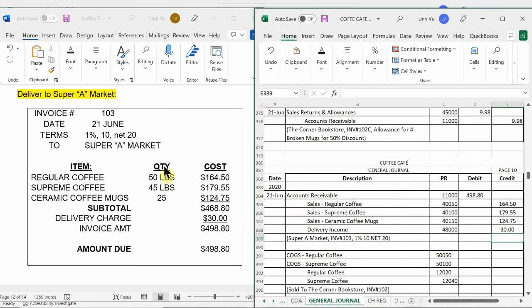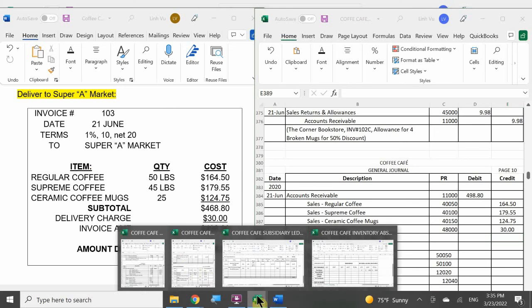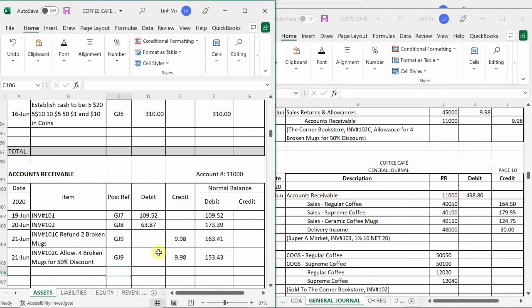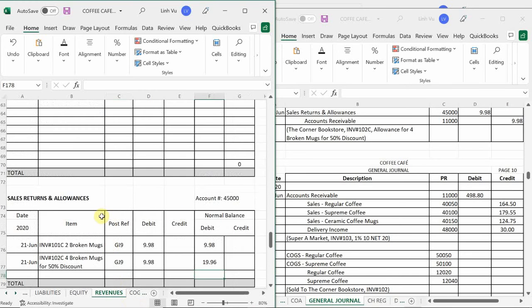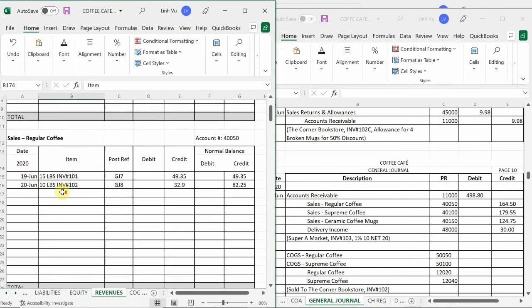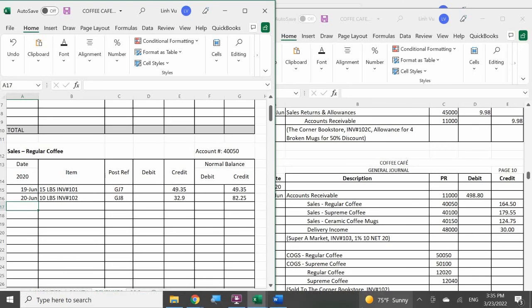So then now I need to go ahead and update my ledger accounts because I sold some inventory. Okay. So regular coffee, how many pounds did I sell?